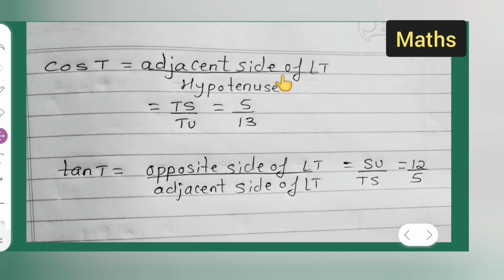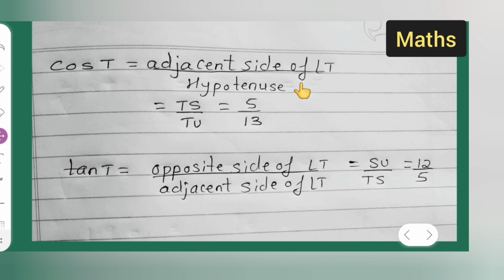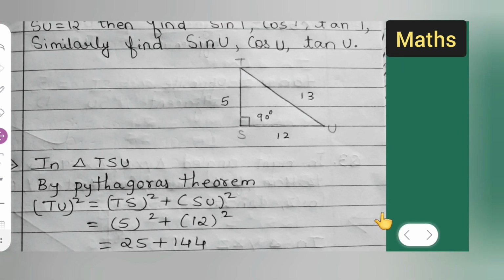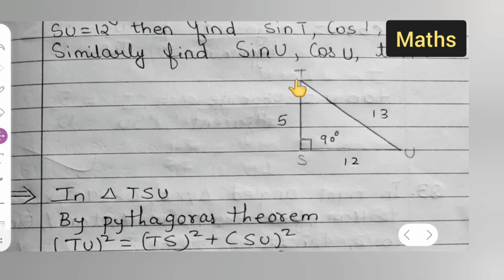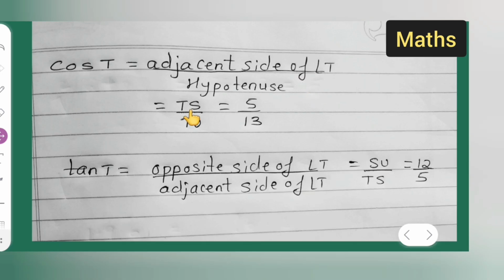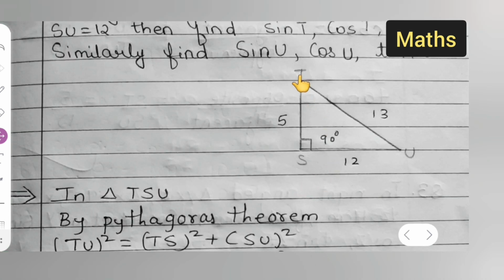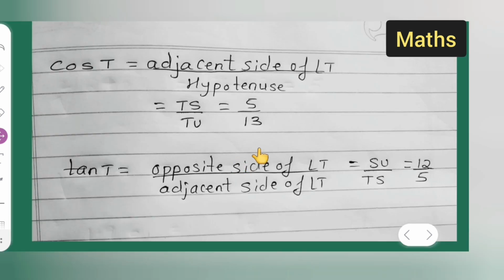So what is the adjacent side of angle T over here? The adjacent side of angle T is TS, so TS upon hypotenuse TU. TS is 5, TU is 13. So it is 5 upon 13.